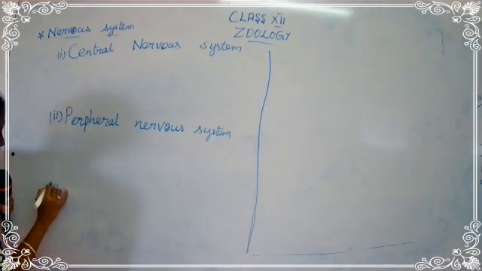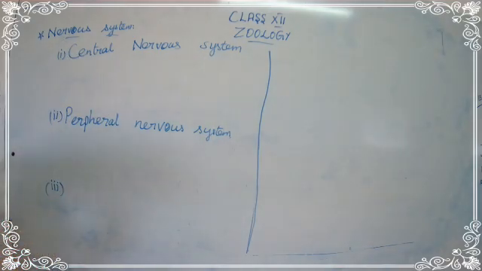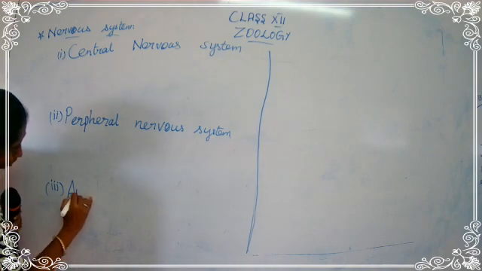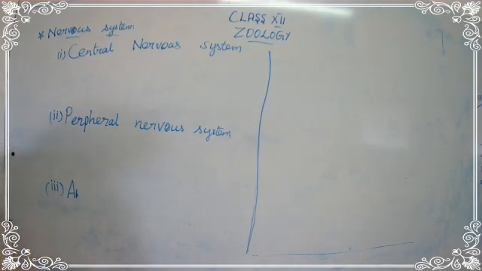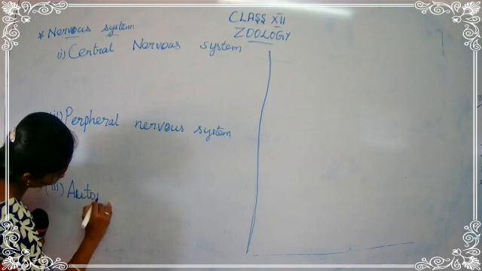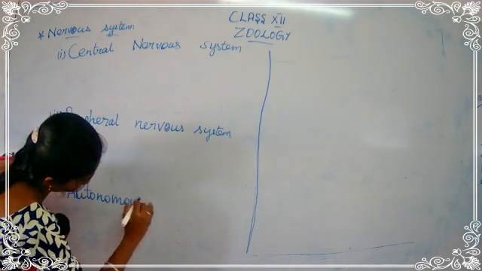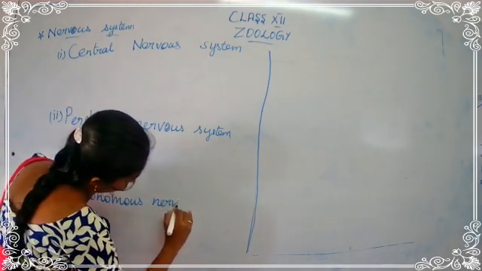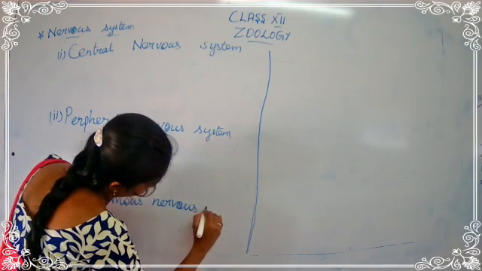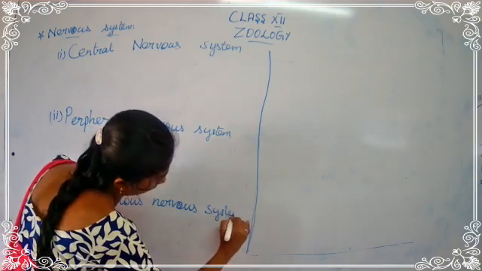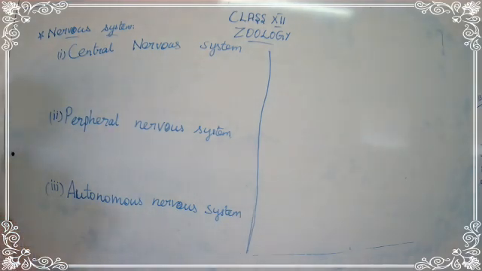And the third one is the autonomous nervous system. Okay, what are those? Central nervous system, peripheral nervous system, autonomous nervous system.